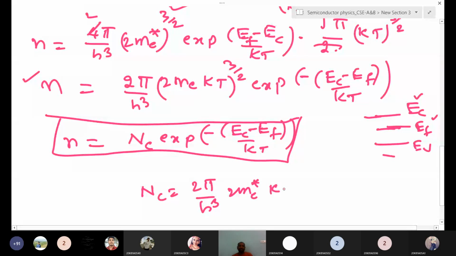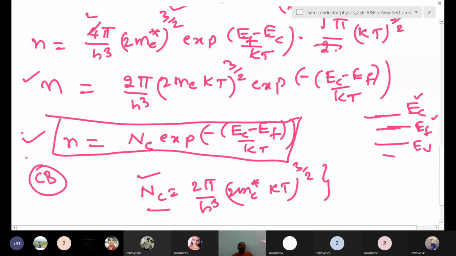This one Nc means effective density of states. n is the charge carrier density in the conduction band. We calculated electron density. Where will we have free electrons in a semiconductor? In a conduction band, right? That's why we have calculated free electrons in the conduction band. That is n is equal to Nc exponential minus EC minus EF by KT.